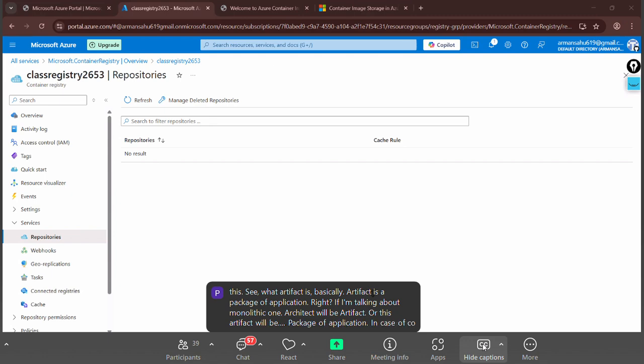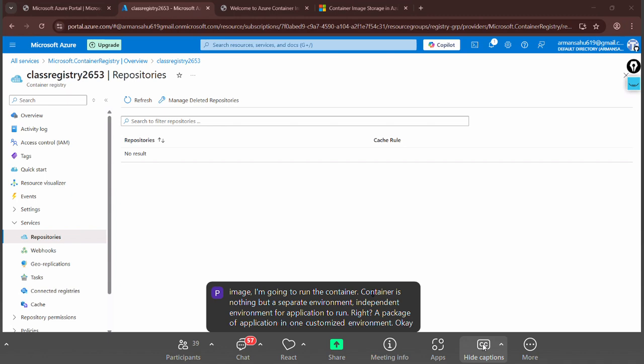In the case of a container, my package will be the image. From the image, I'm going to run the container. A container is nothing but a separate, independent environment for the application to run, right? A package of application in one customized environment.